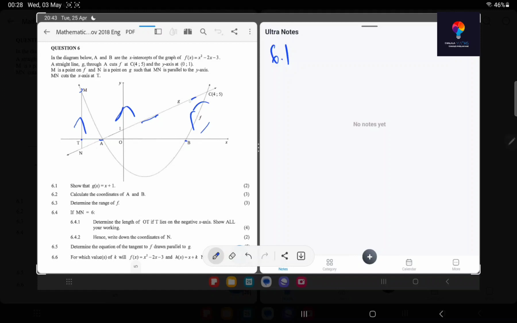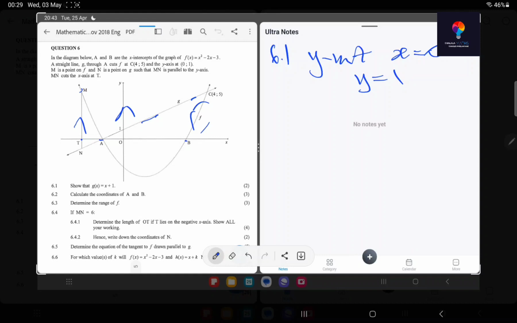Just by looking at the straight line, you can see the y-intercept, where x is equal to 0, y is equal to 1.